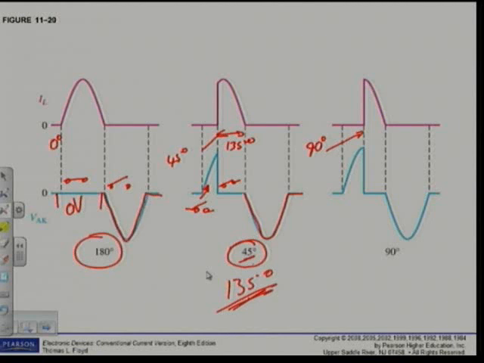Before 90, the SCR will act like an open switch, and the full supply will be across the SCR. The current will be basically zero because there's no current flow. Then when we trigger, we will get that current flow, and the SCR will act like a closed switch.